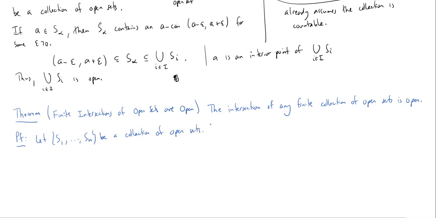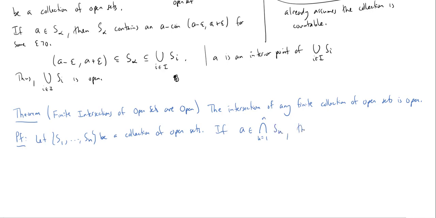I want to show that the intersection of all of these sets is open. So I need to choose some element from the intersection and show that it's an interior point. So I'll take some A in the intersection, k equals 1 to n, S sub k.